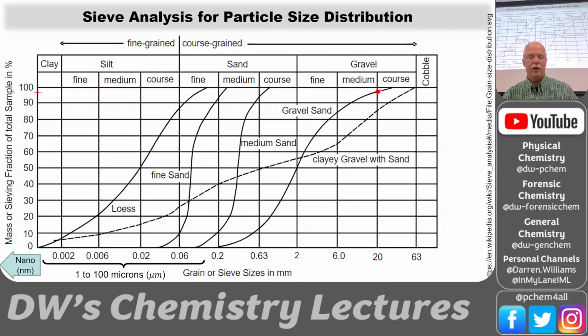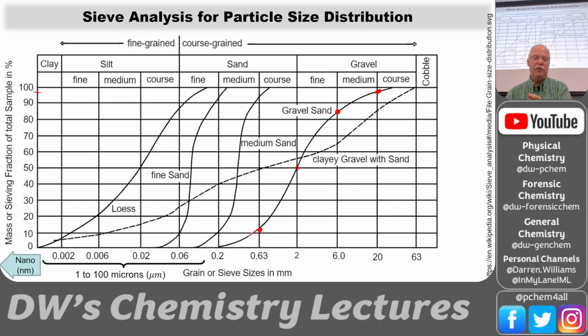So here's your data point for the first sieve, and then the second sieve is a 6 millimeter sieve, and 85% of that total mass went through it. Then the third sieve is at 2 millimeters, and 50% of the mass went through that one. Then the last one would be a 0.63 millimeter sieve, and 12% of the mass went through that one. So it captured a lot of it.